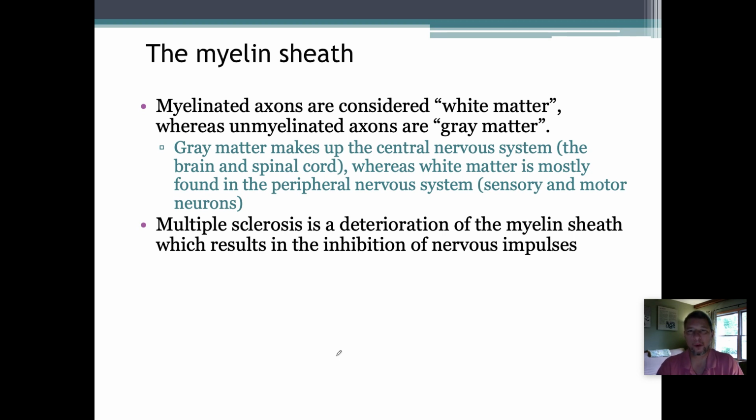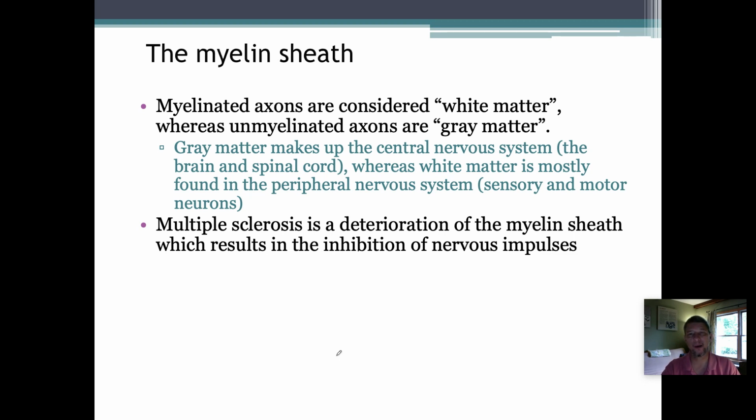Now, why is this important? Well, again, we went through the main purposes of this, insulation and speed of conduction. But if that myelin starts to deteriorate, or has any other kinds of problems, we can end up with diseases. A prime example of this is the disease called multiple sclerosis. This is a deterioration of the myelin sheath.